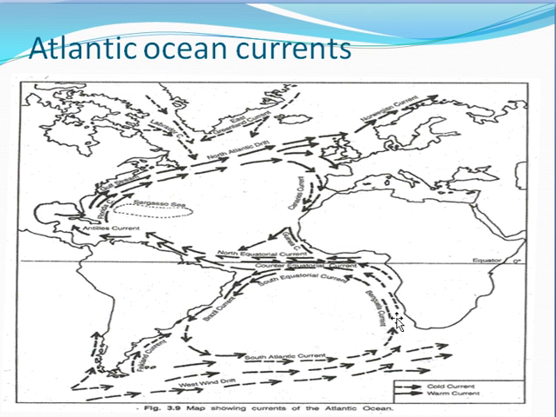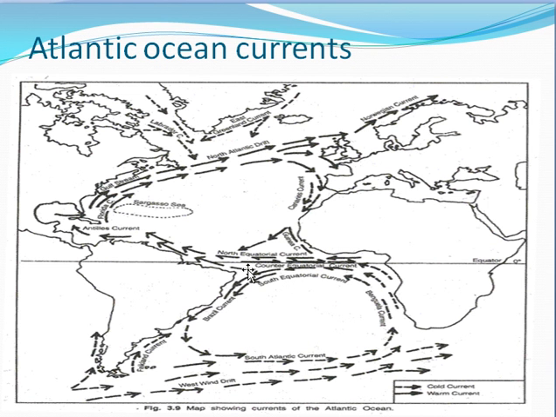So this Benguela Current flows along the western coast of Africa, and this cold current influences South Equatorial Current. So we have done two, North Equatorial Current and South Equatorial Current.